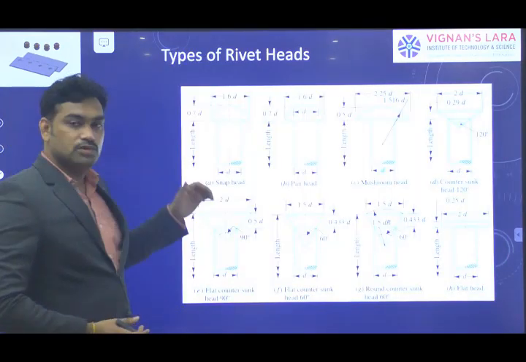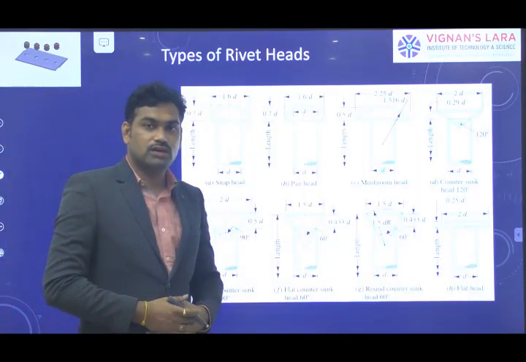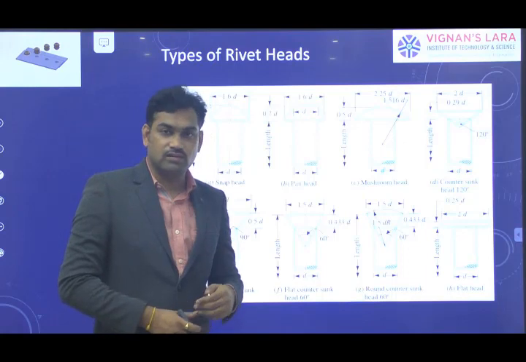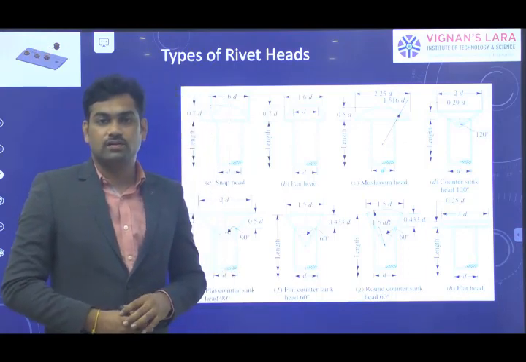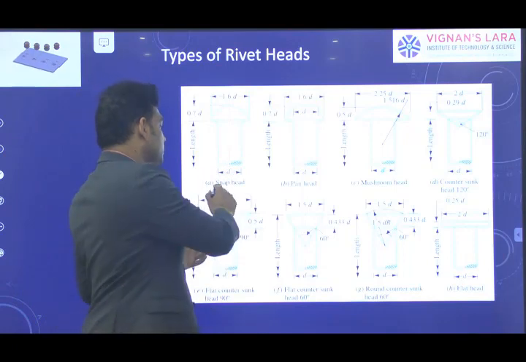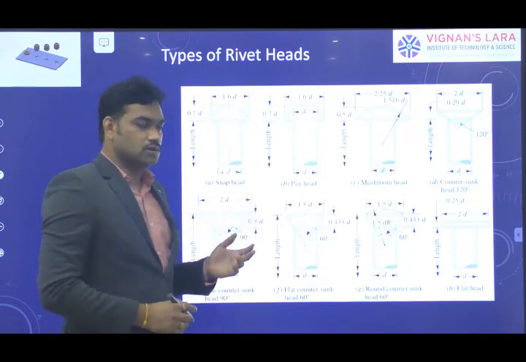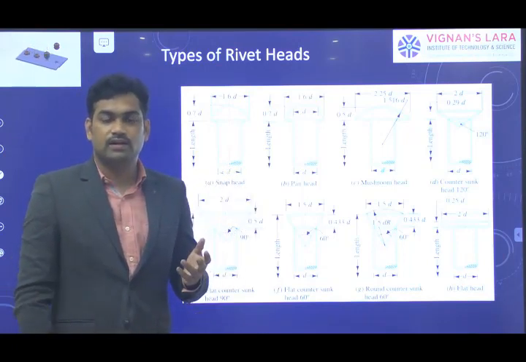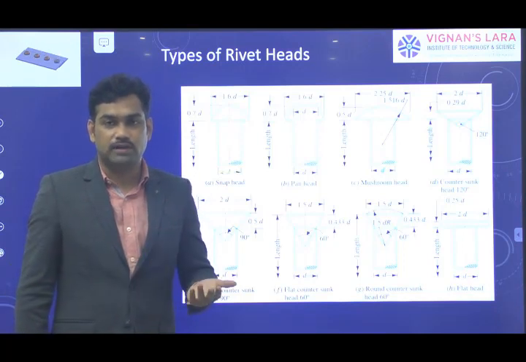Coming to the types of rivet heads, we know that different types of rivet heads exist, which you have already drawn in machine drawing. Out of these, the generally observed rivet head in machine components is the snap head.